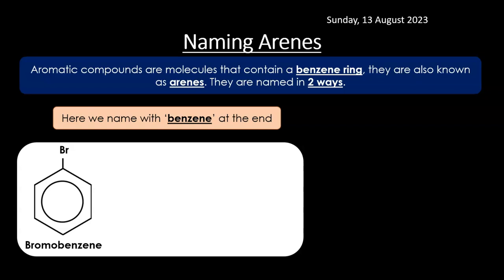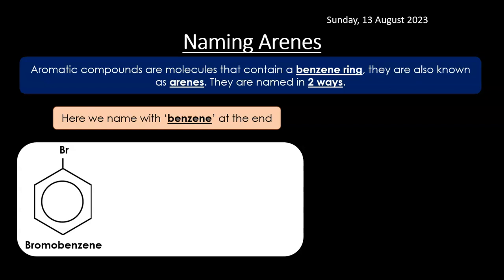So it's like you would say chloromethane or bromoethane. This is bromobenzene. For example, benzene is the suffix of the name. This, of course, is C6H5Br.